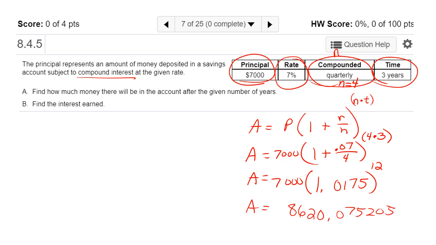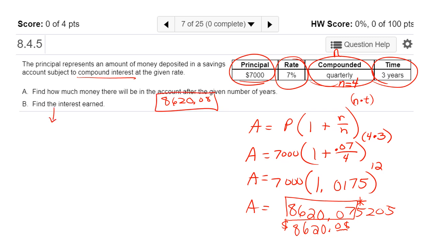Now I need to round this off to the nearest dollar and cent, so that would be $8,620.08, since I need to round up because there's a 5 next to that 7. So the money in the account would be $8,620.08 for question A.